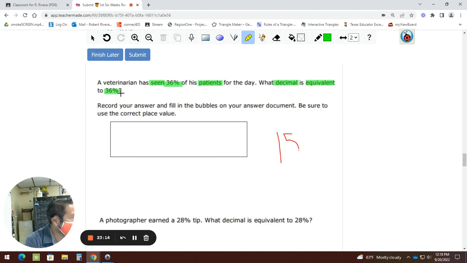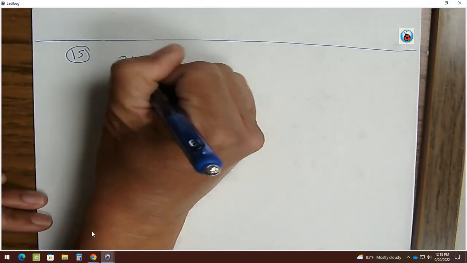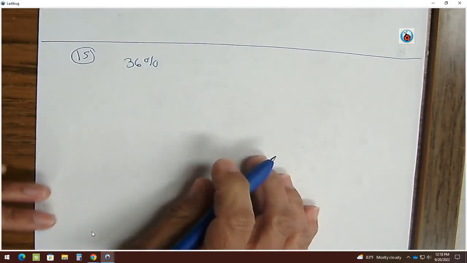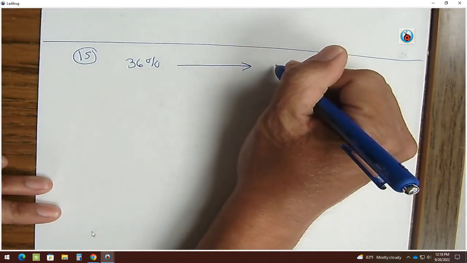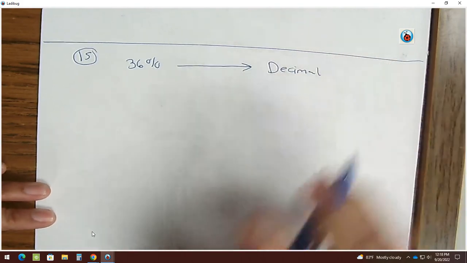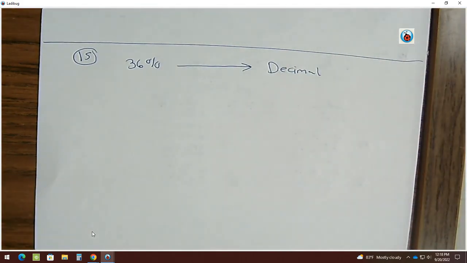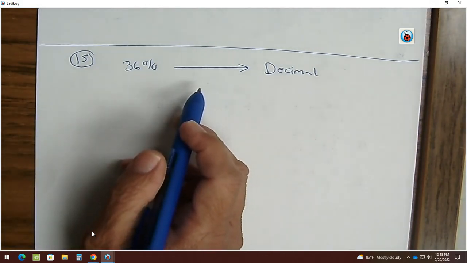Let's see if you remember how to do this. Number 15. They gave me 36%. Yes? But they want me to go now to what? Decimal. Very good. From percent to decimal, we're going to go twice to the left.